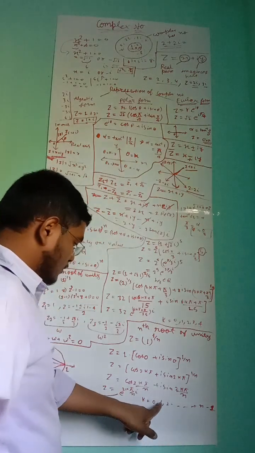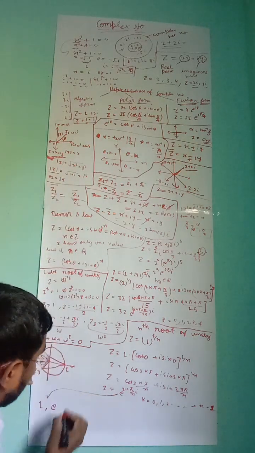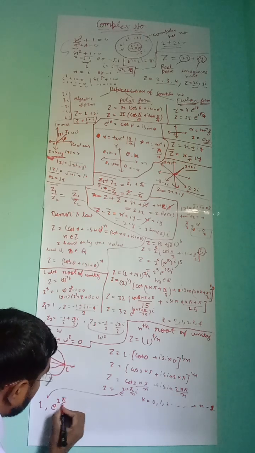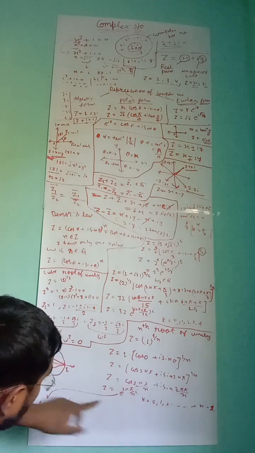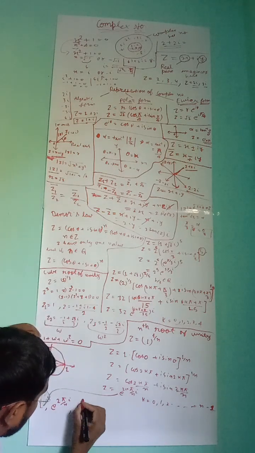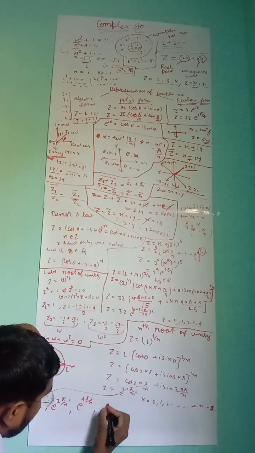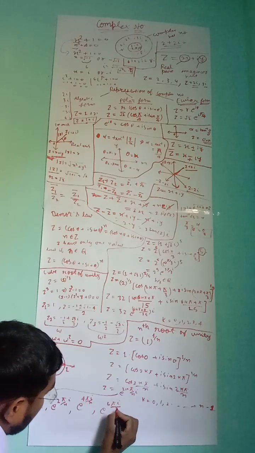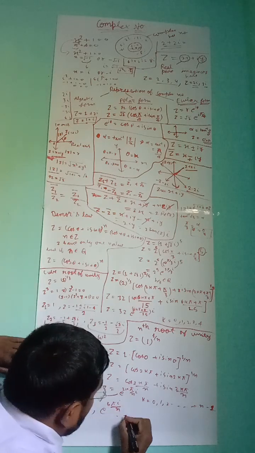If we put 1 here, then we get e power 2π by n iota. If we put 2 here, then we get e power 4π i by n. If we put 3 here, then we get e power 6π iota by n. And so on.